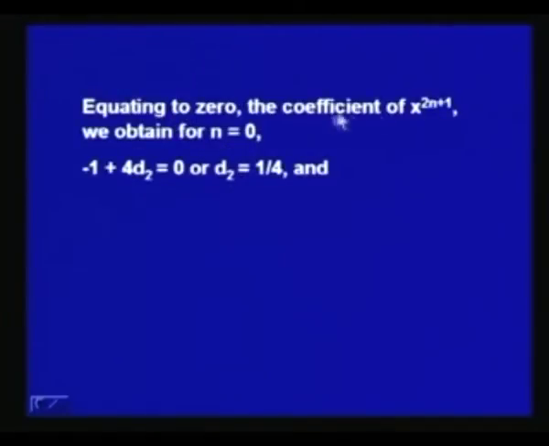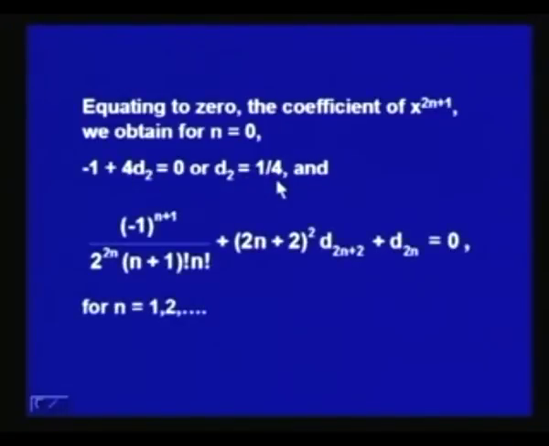So we will put them equal to 0. When we put the coefficient of x to the power 2n plus 1 equal to 0, for n equal to 0, as we have seen just now, we will get minus 1 plus 4 d2 equal to 0, which will give us the value of d2 as 1 by 4. And the other coefficients, that is coefficients of x to the power 2n plus 1, where n takes values 1, 2, 3 and so on, we have just now seen that this is the equation that we will get.